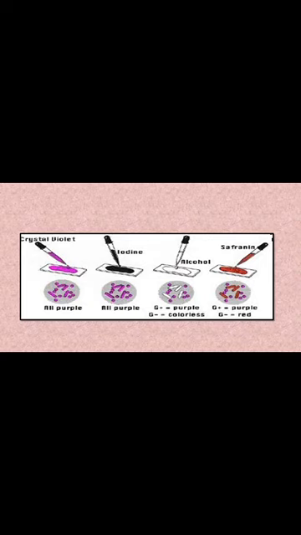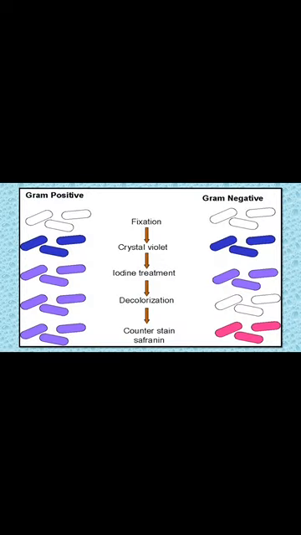Then when you are using safranine, that is the counter stain, at that time gram positive bacteria are purple in color and gram negative bacteria are red in color. This is the gram positive bacteria and gram negative bacteria. You see the fixation at the time of the smear fixed on the flame: both bacteria are colorless.